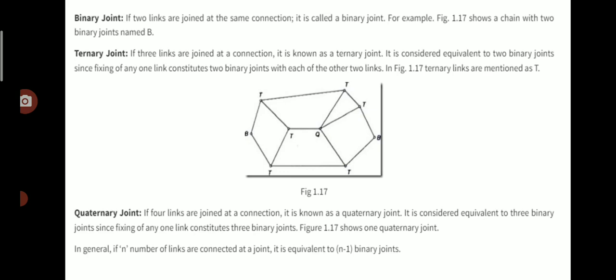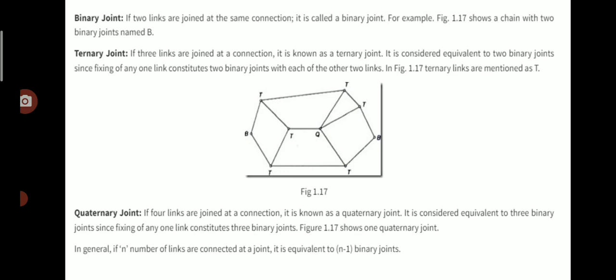In this picture also we will understand in depth what binary, ternary and quaternary joints are. If two links are joined at the same connection, it is called a binary joint. For example, in the following figure, a chain with two binary joints is named at B. So the B connection is nothing but a binary joint.